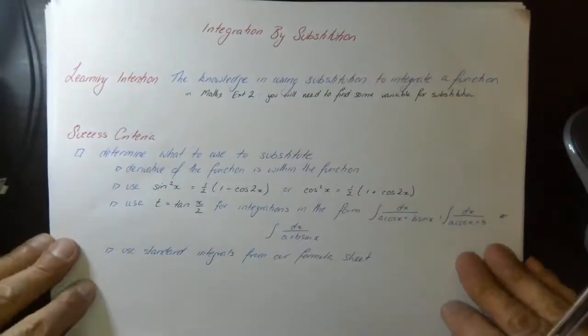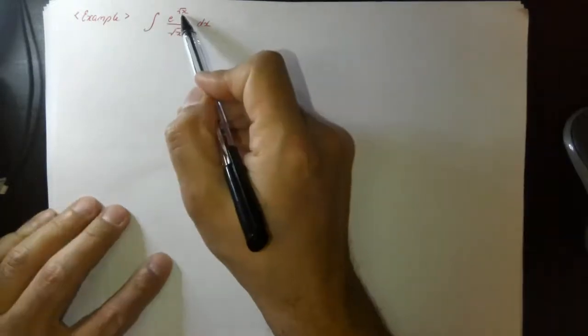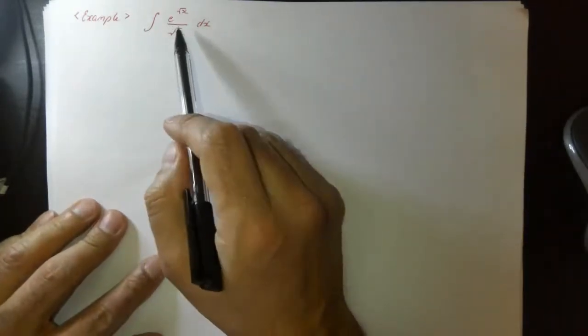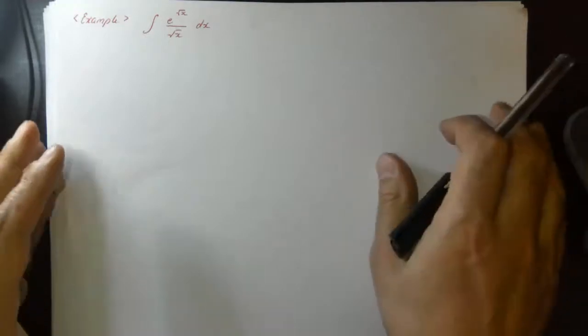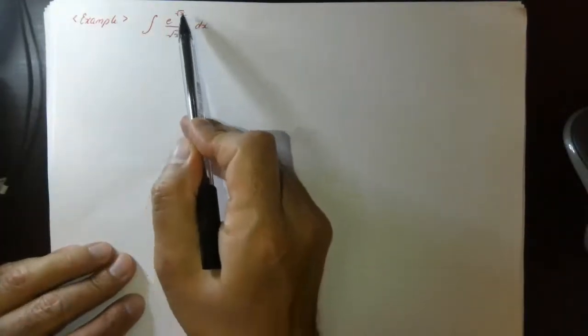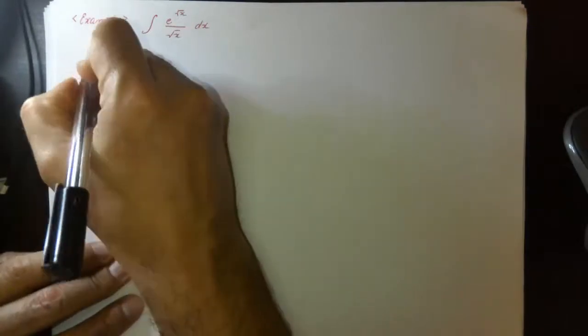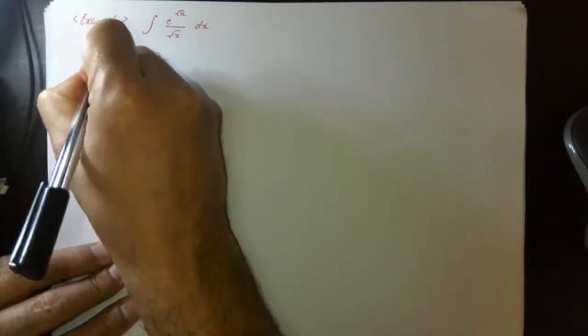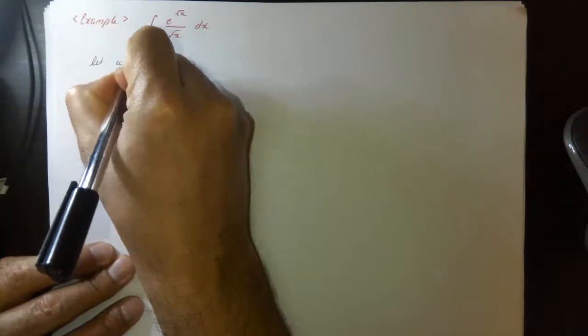Let's do some examples. Here's an example where we want to integrate e to the power of square root x over square root x. Usually with something like this, we have a power, they're kind of similar. I'm going to let u equal square root x.